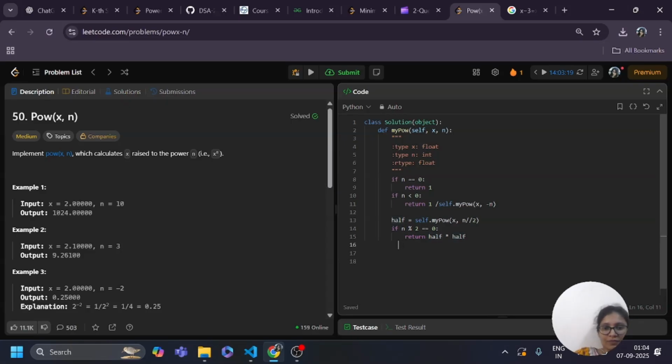And else return half into half into x. Okay, so this is used to handle odd powers.